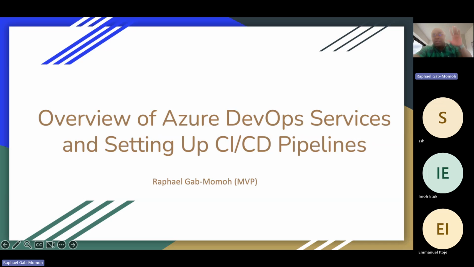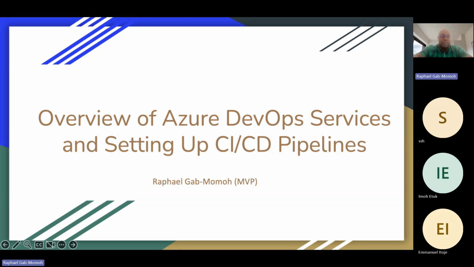What makes Azure DevOps stand out from the competition is that it integrates with all Azure services. So if you're using Azure Kubernetes, App Service, or whatever you're using in Azure, Azure DevOps is perfect for it. And as a Microsoft MVP, I'm proud to advocate for Azure DevOps and Azure services.